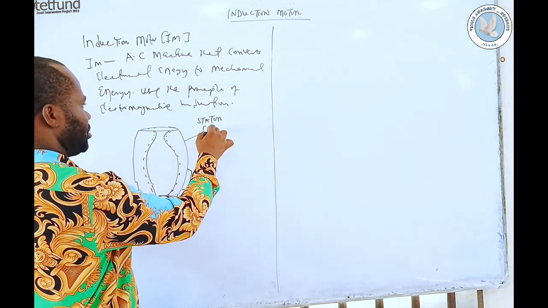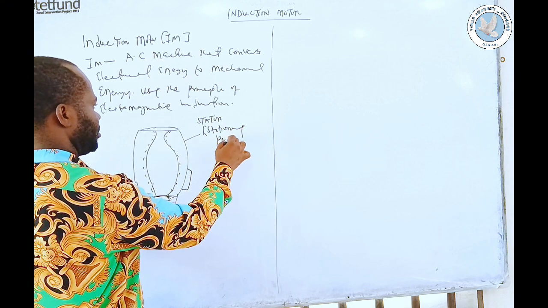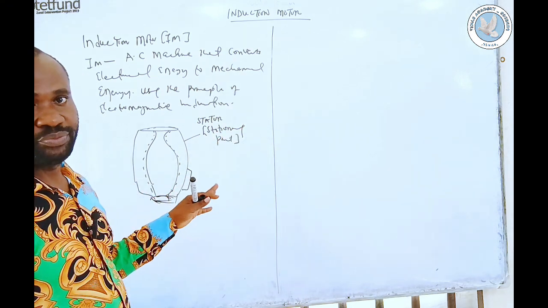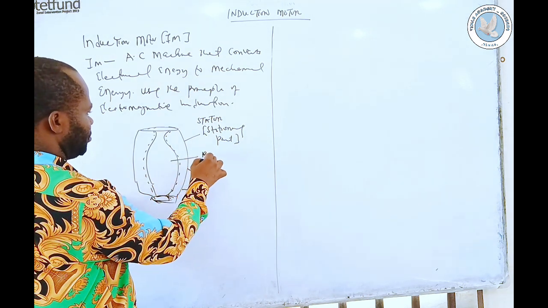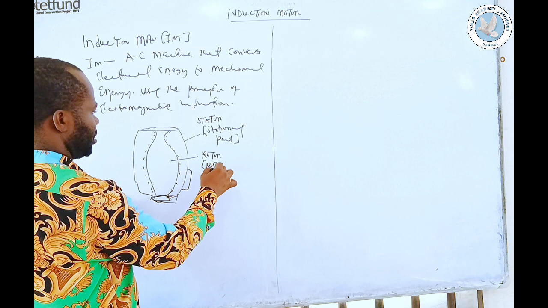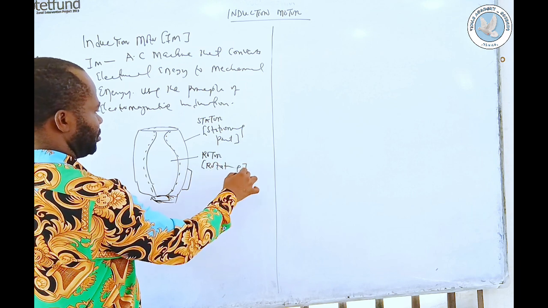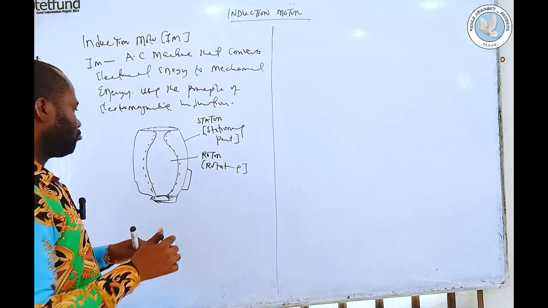This is a stationary part. It's not moving. We call this rotor. This is the rotating part, and this serves as the output terminal.